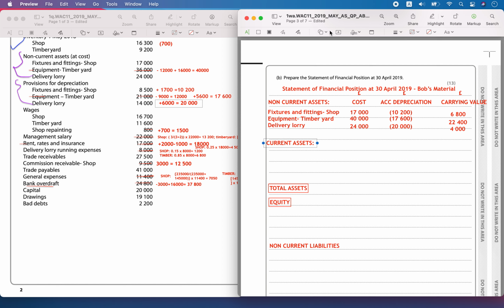Now let's add up the totals. First, the cost: 17,000 plus 40,000 plus 24,000 gives a total cost of 81,000.